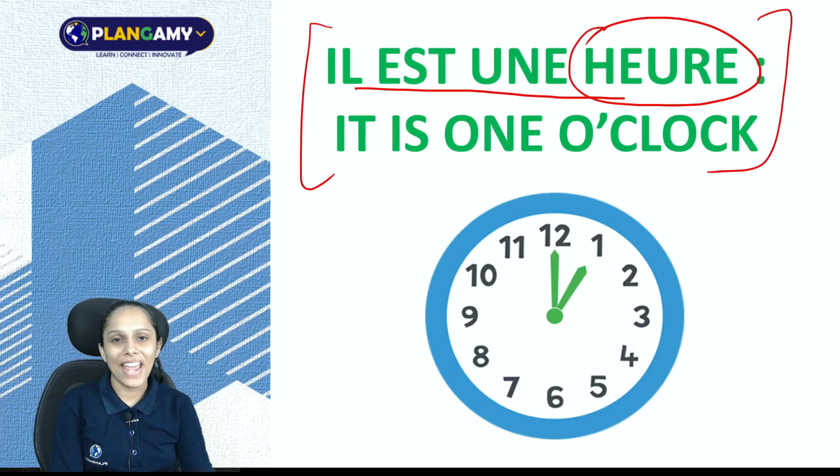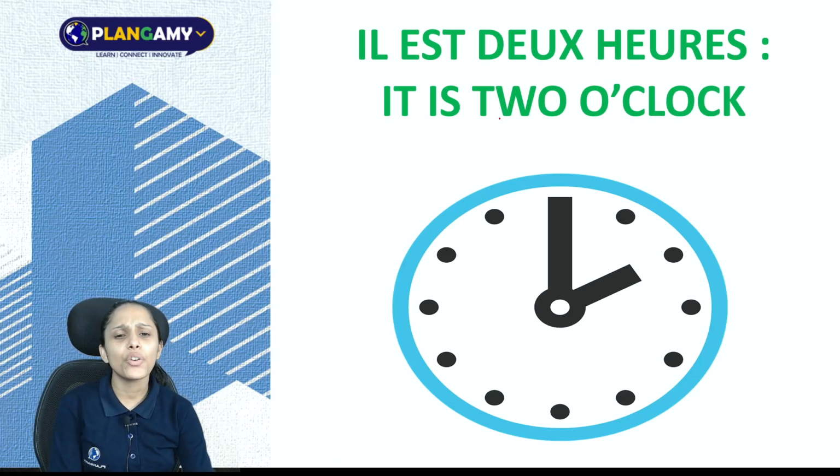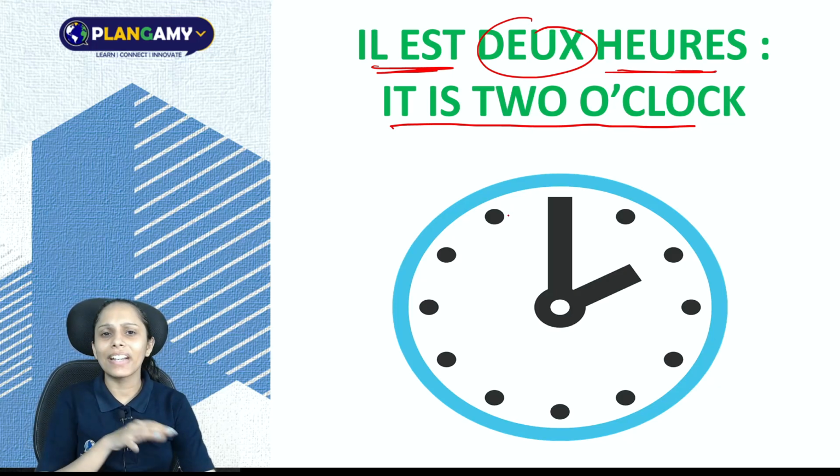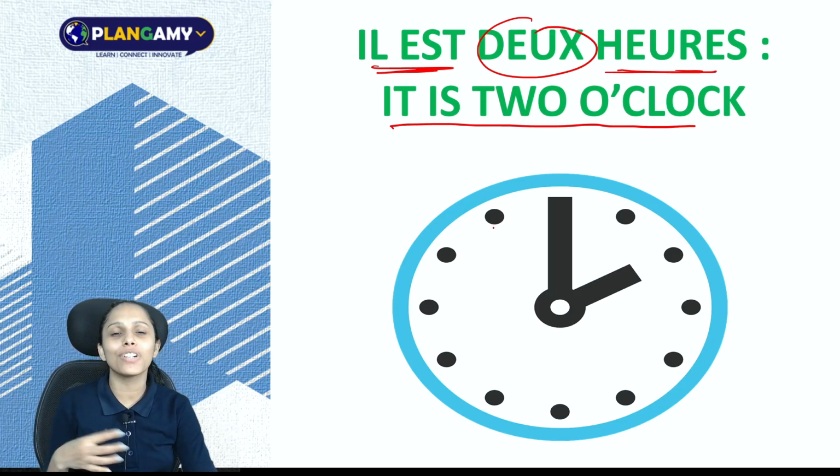Now, next we have, if you want to say it is 2 o'clock, how will you say it? So, you have to learn this sentence formation. Il est, any number, and then heure. So, il est dash heure, and then you have to fill in the blanks. So, it will give you that it is 2 o'clock, it is 4 o'clock.